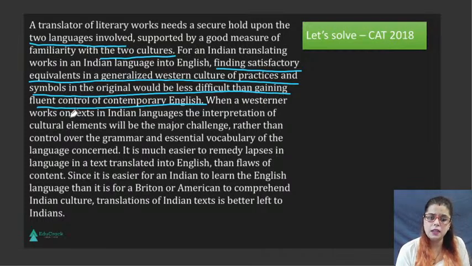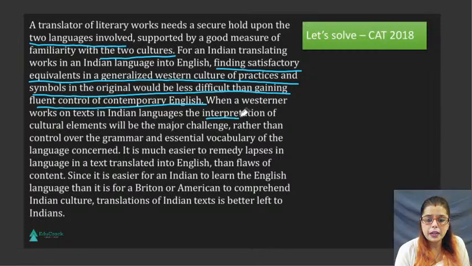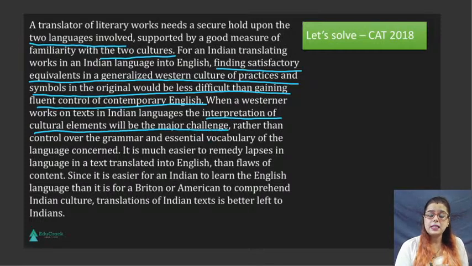When a Westerner works on texts in Indian languages, the interpretation of cultural elements will be the major challenge, right? So interpretation of cultural elements will be the major challenge here. Why? Because they do not know the culture. He's a Westerner. Okay, the Westerner will probably understand the language, but the Westerner will not understand the cultural implications.